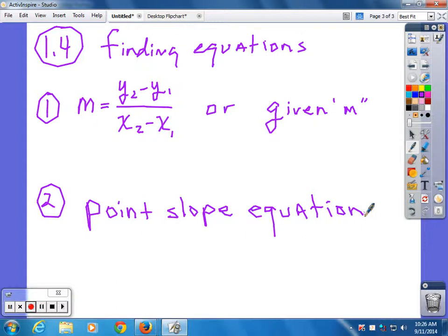And the point-slope equation is y minus y sub 1 is equal to m times x minus x sub 1.